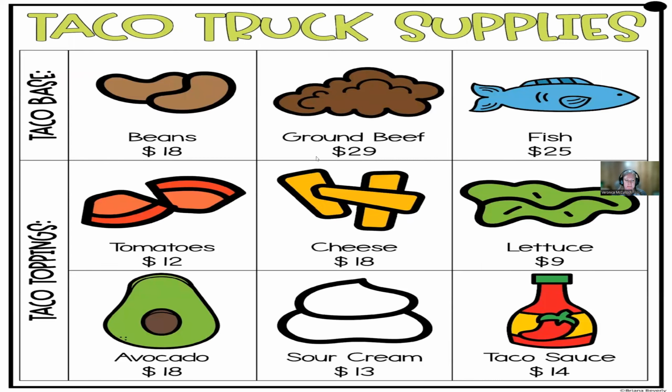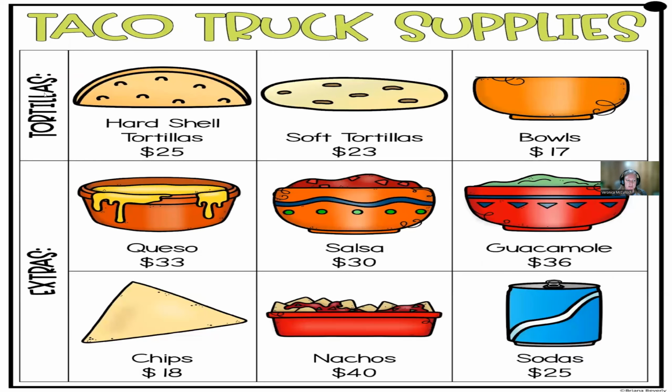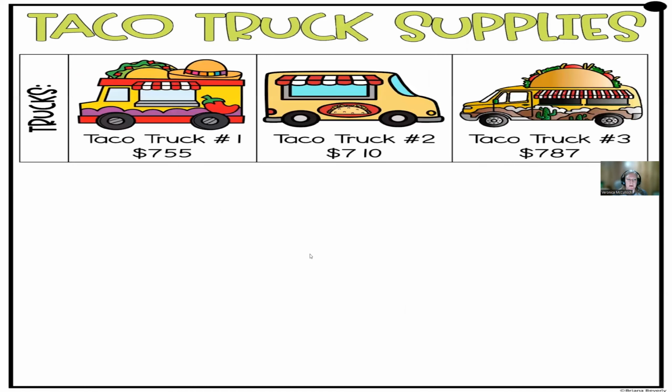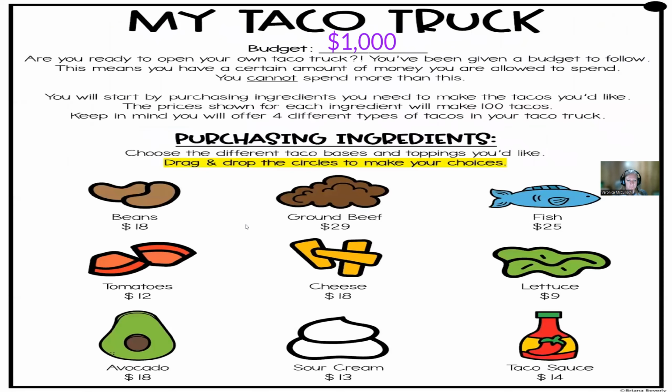Here's the taco truck supplies. Here are the supplies that you can give them, and the toppings, the tortillas and the extras with prices. Then here are their supplies. Depending on which truck you choose is how much money you will get per truck. Purchasing ingredients, you're going to have to purchase ingredients for your taco truck.